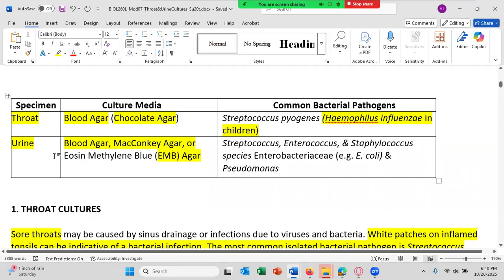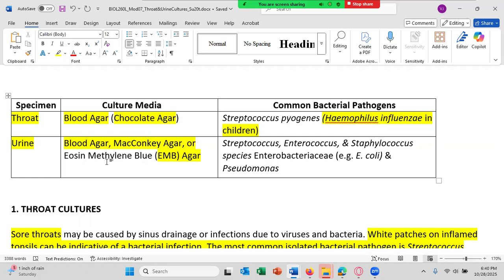All right, urine specimens include a number of different species over here. We tend to grow urine specimens always on two media. We always put it on blood agar, but we also put it on MacConkey's agar or EMB. So we always use blood, and then you always use either MacConkey's or EMB.